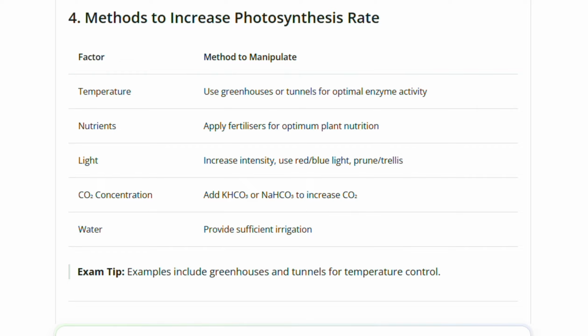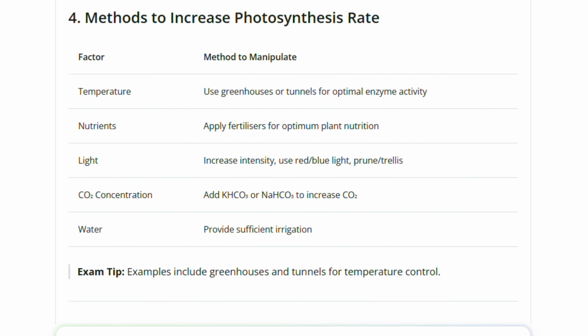Light: increase intensity. Use red or blue light. Remember on that vertical farming structure that I showed you first, they were using red or blue light, right? So red and blue light is the light that is considered to work effectively with plants or crops.